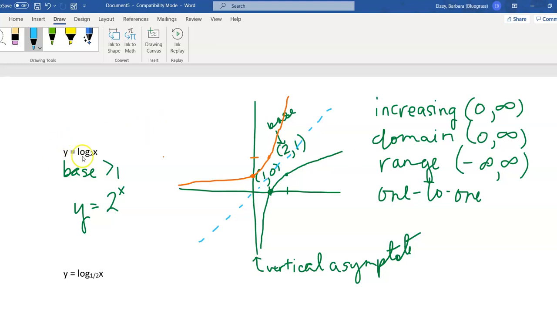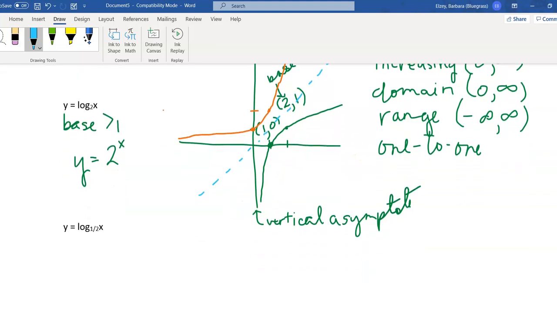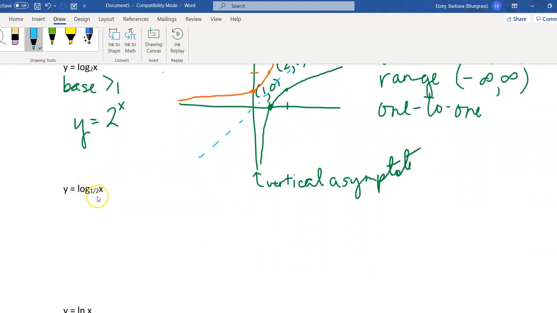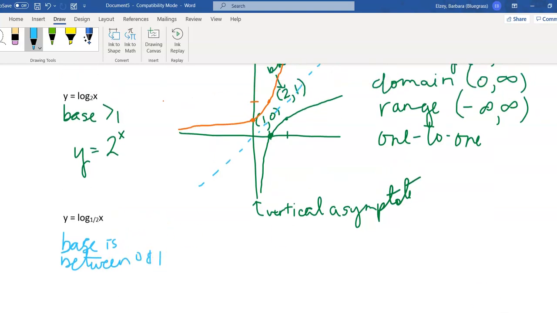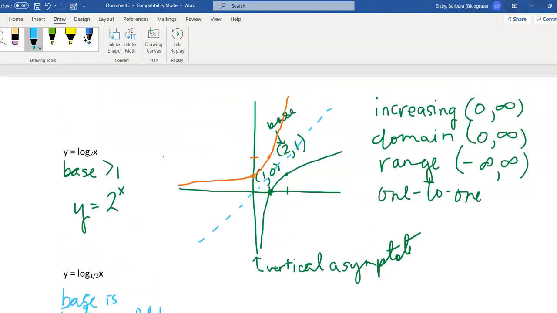All right, now, we now know what log base 2 of x looks like, the green graph here. Let's take a look at where we have a base that is a fraction between 0 and 1. So here, let's notice the base, the 1/2, is between 0 and 1. Now the good news is most of the things that we had up here are still true.